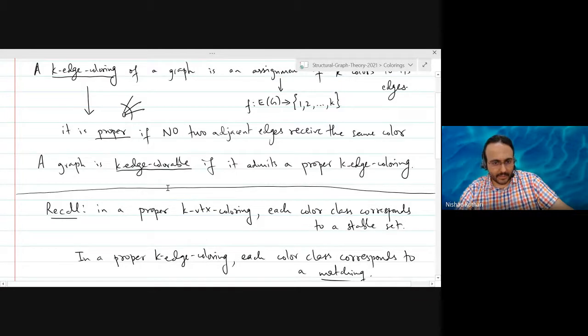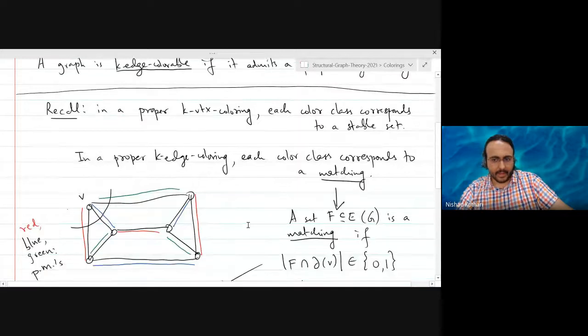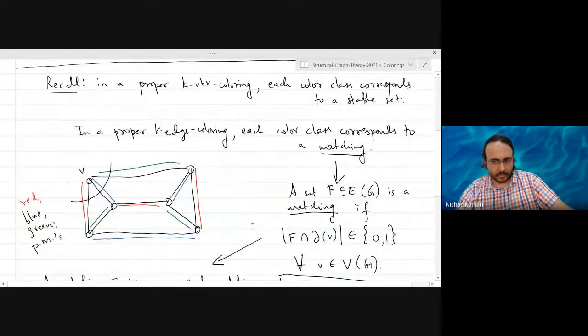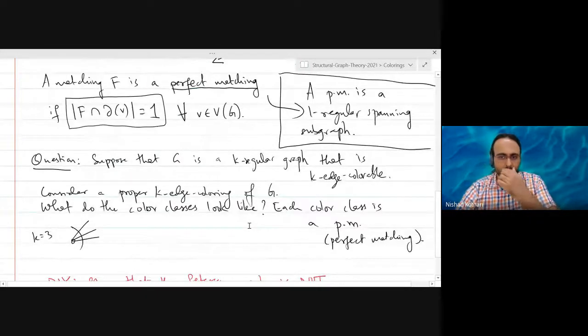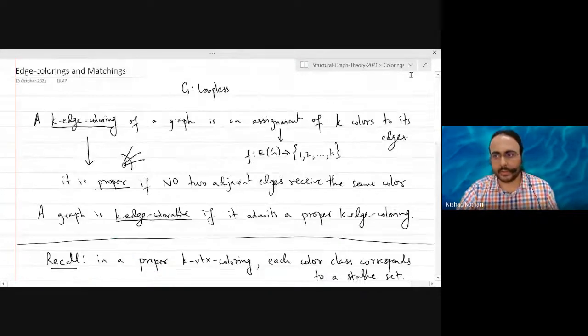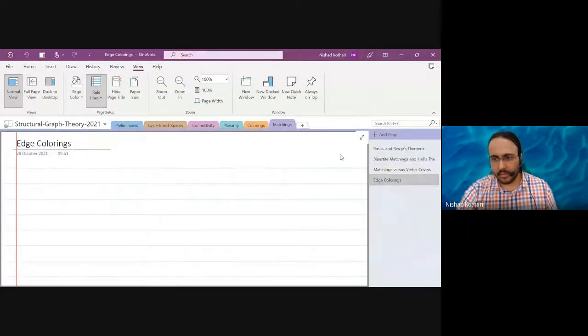And a graph is k-edge colorable if it admits a proper k-edge coloring. Okay? And each color class corresponds to a matching. Right? All right. So that's all the definitions we need, which we have already seen before. So now let's go to our new page.